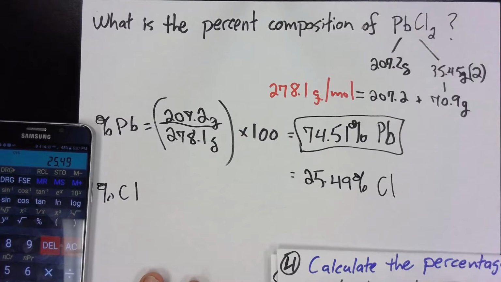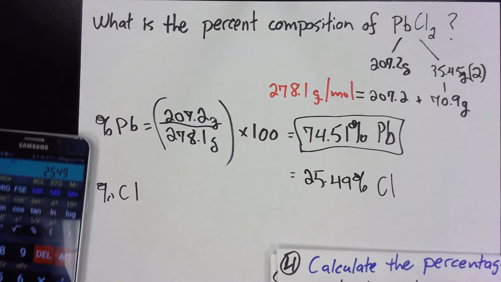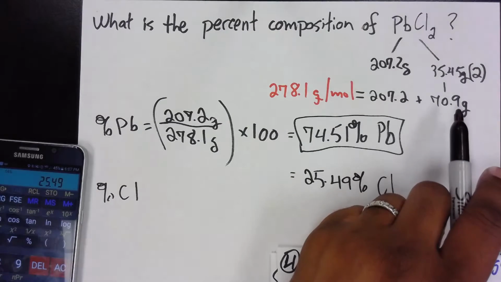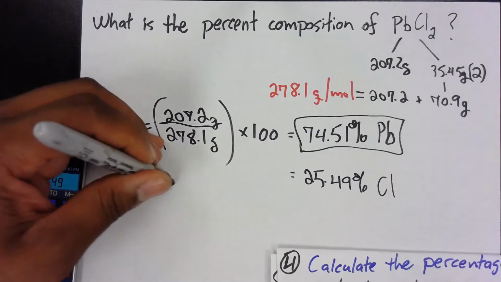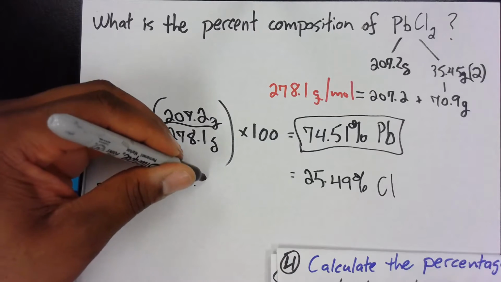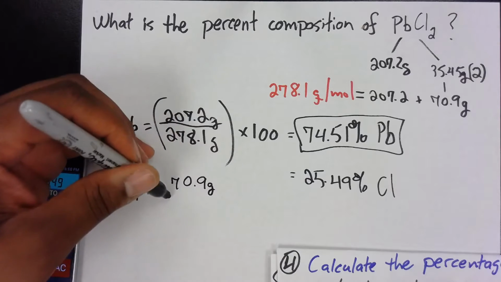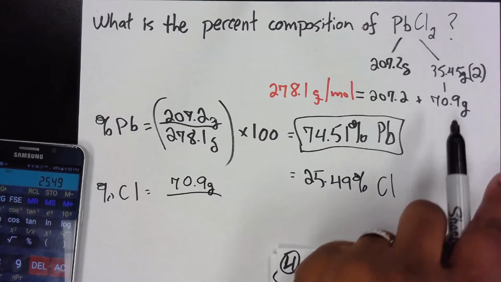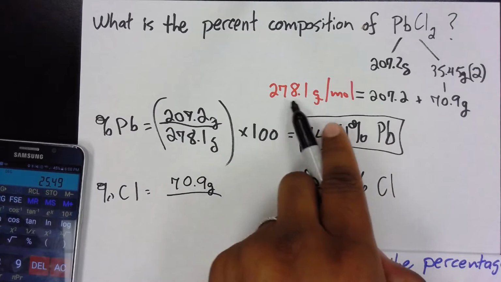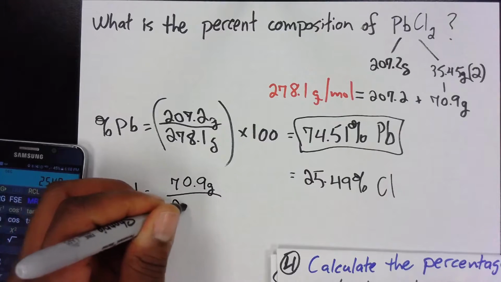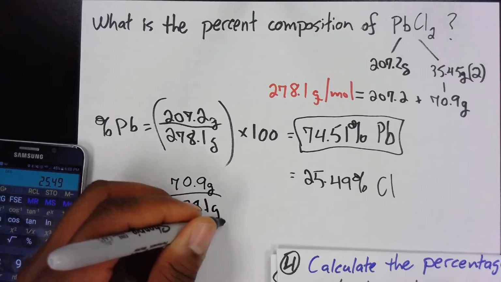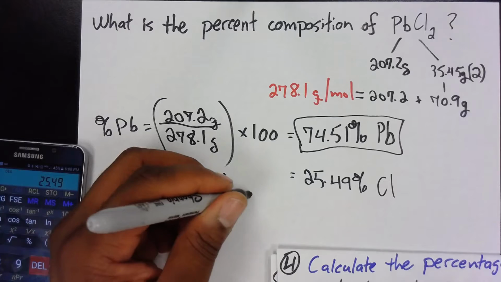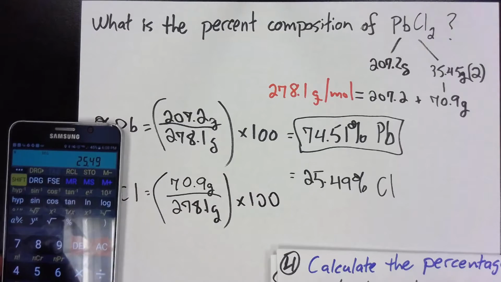And to check to see if my work is right, I can always just take my mass of chlorine, which is 70.9 grams, divide by my molar mass, 278.1, multiply it by 100, and let's see if I get the same thing.